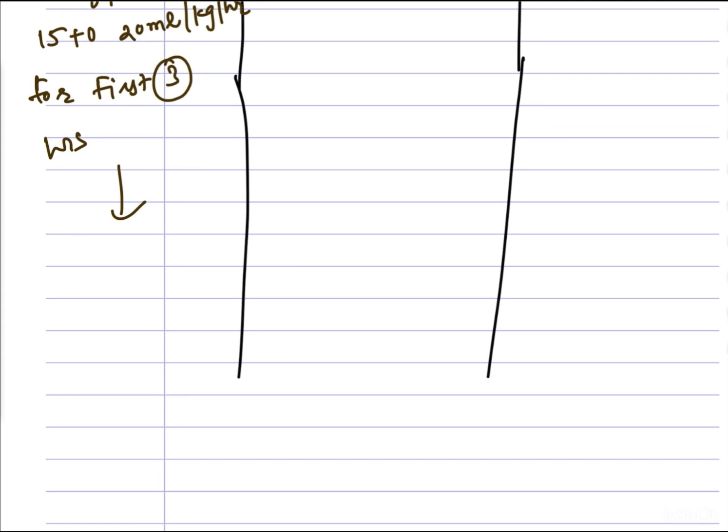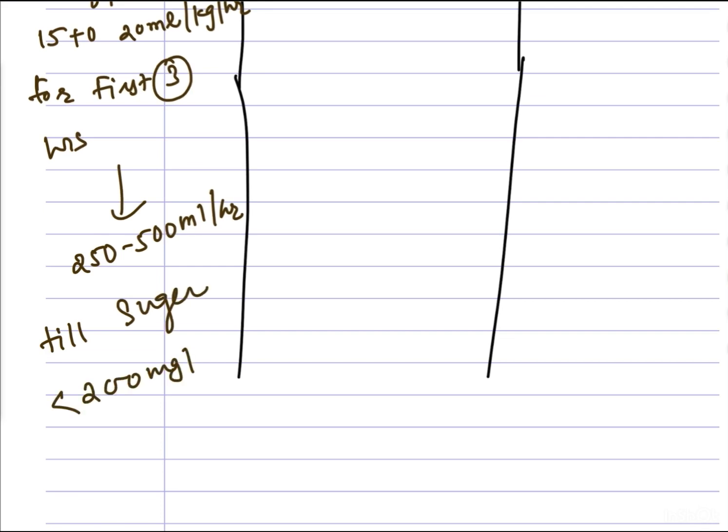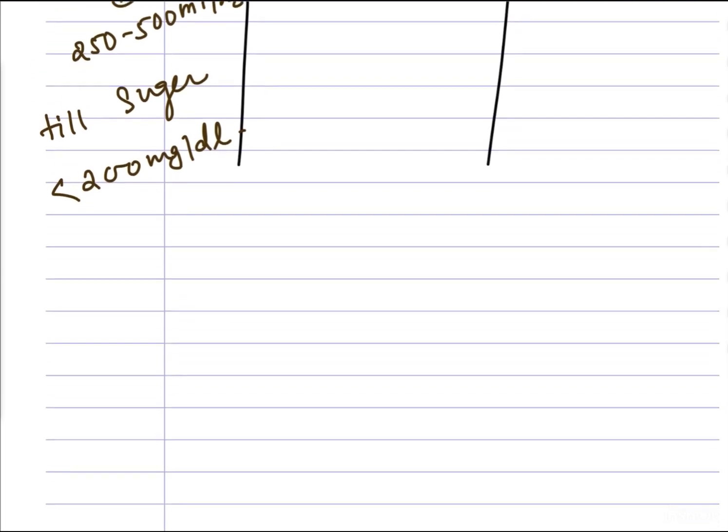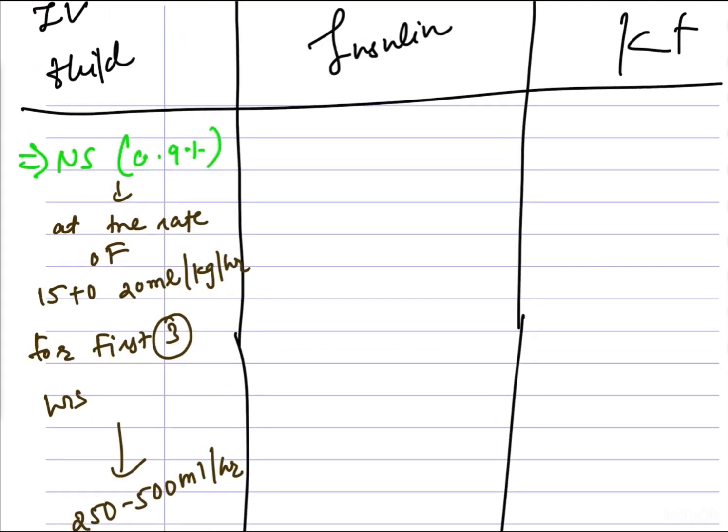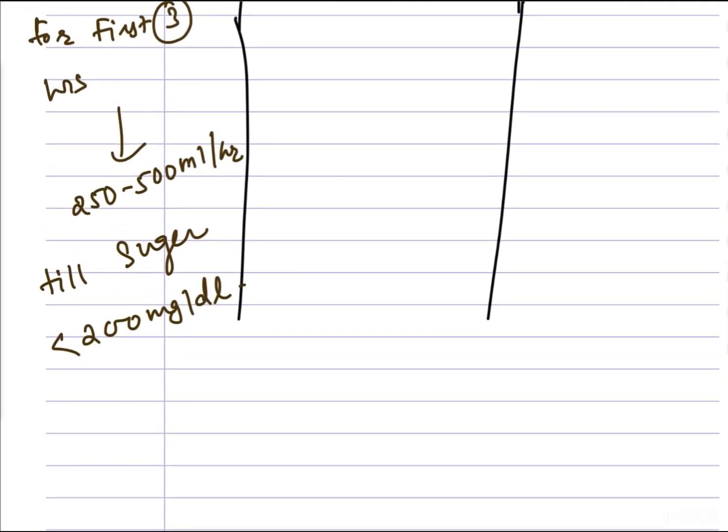After that, we will change the dose to 250 to 500 ml per hour till sugar comes below 200. Okay, so this is ideal.